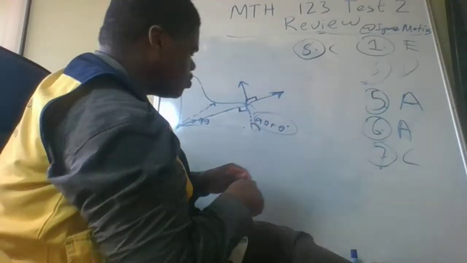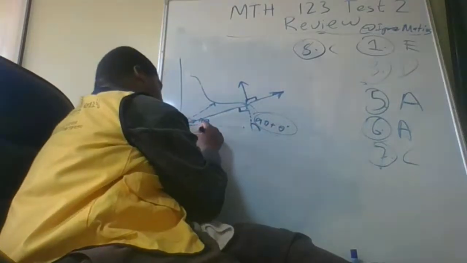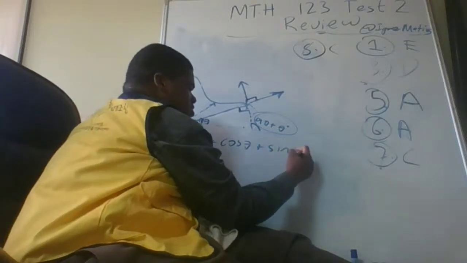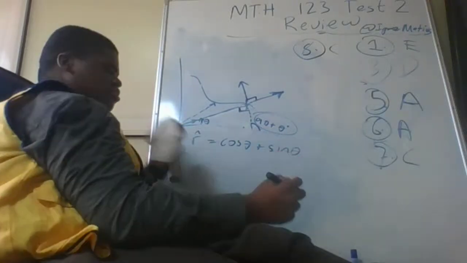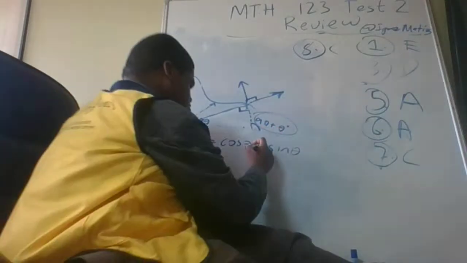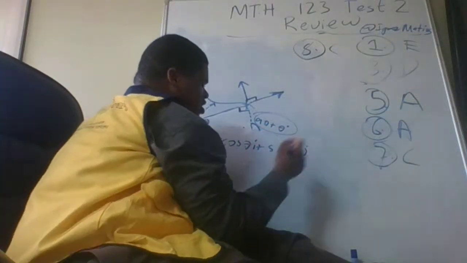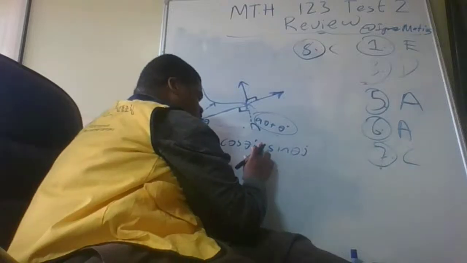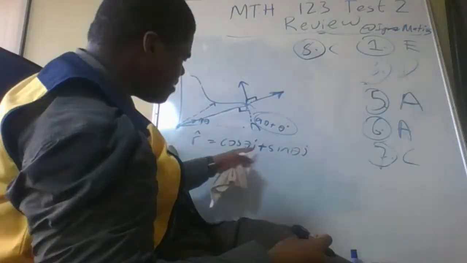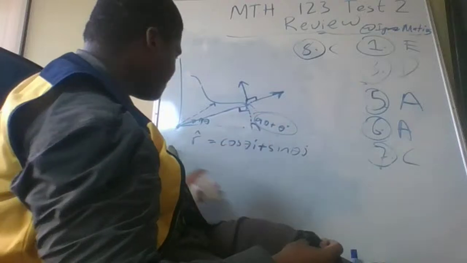Now, how do we define unit vectors? We define unit vectors as cos theta i plus sine theta j. The reason why this defines a unit vector is because if you find the magnitude of cos theta i plus sine theta j, it's going to give you a magnitude of 1. So cos theta i plus sine theta j defines a unit vector.